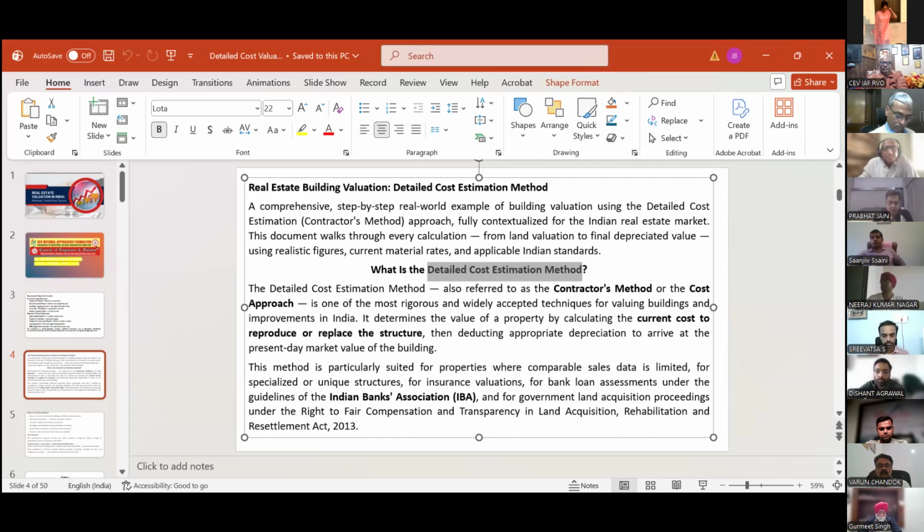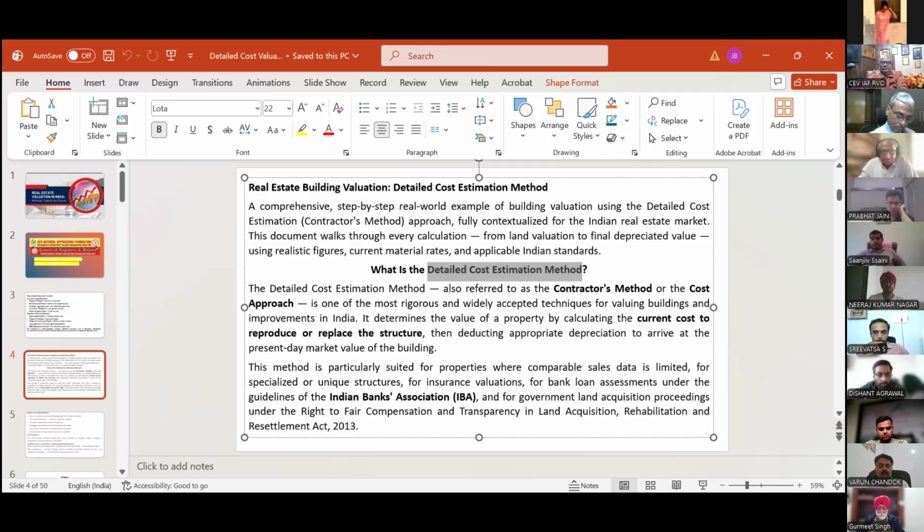So the client comes to you, he says that I have spent, let us suppose, only 20 lakhs, but the income tax authorities are saying that you have spent more than 35 lakhs. So there you will have to use this detailed cost estimation method.